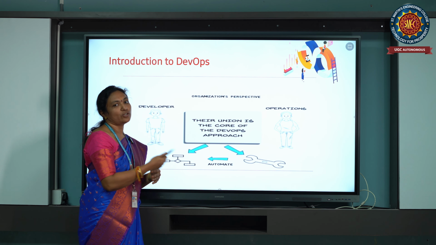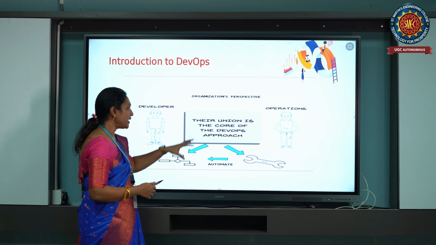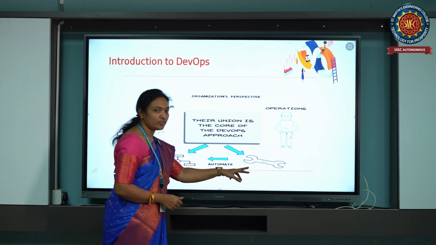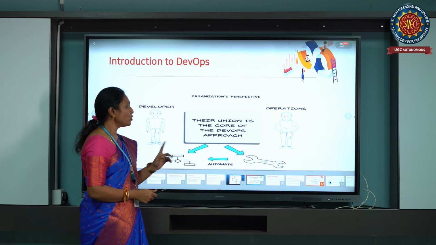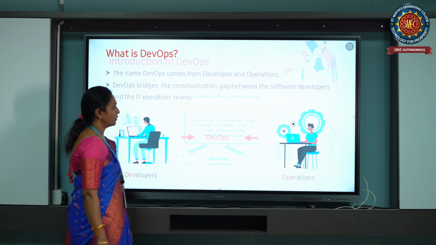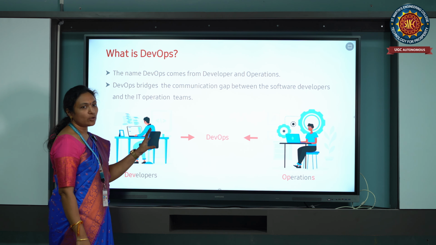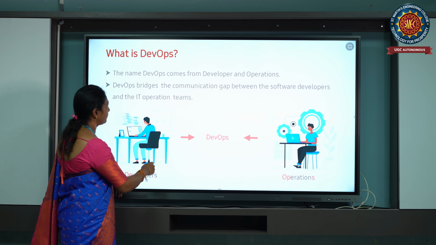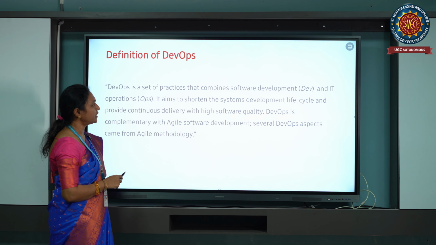They discuss with each other and make the flowchart, and then they use some tools and automate with the help of the tools. So their union is the core of the DevOps approach. DevOps is nothing but a collaboration between the development team and the operations team. So this is the definition of DevOps.